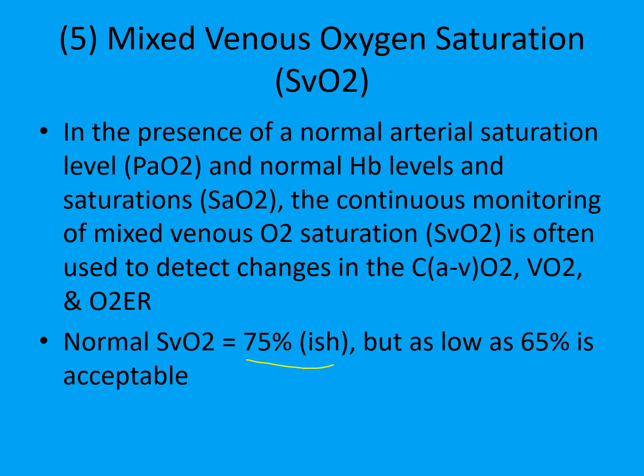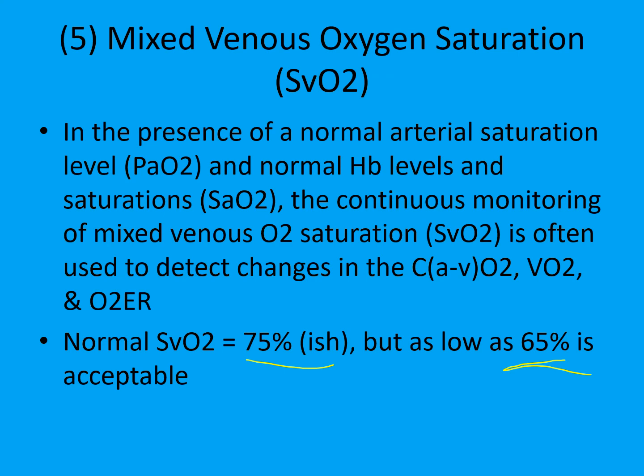A normal venous saturation, SvO2, is around 75%. A normal O2 ER is 25%. So if we have 100% and we have a 25% consumption, our normal venous sat should be 75%. That's what's left over. It can get as low as 65% and still be acceptable. So that's why we watch it between 65 and 75% as your normal range, if you will.